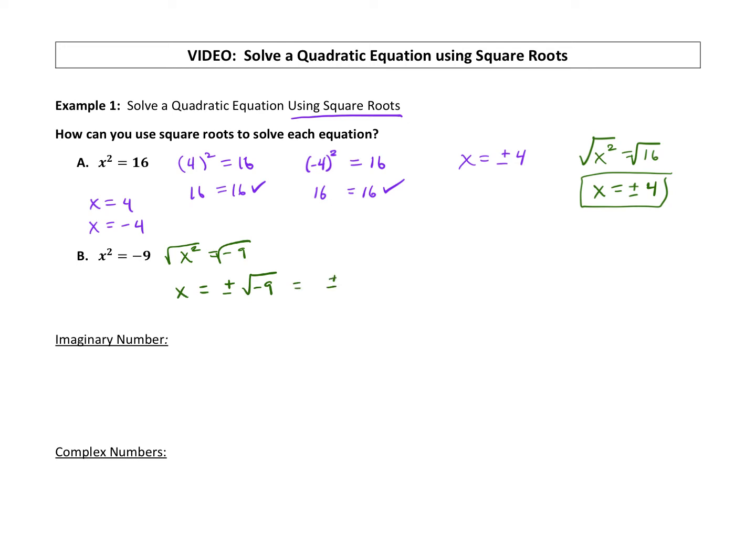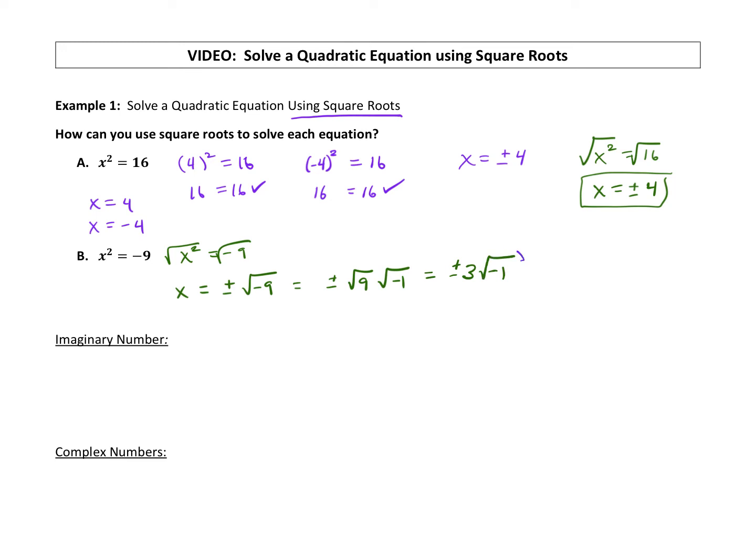So plus or minus, I'm going to break this up into the square root of 9 times the square root of negative 1. Using properties of radicals, we can find factors of negative 9 and separate it into two separate square roots. The square root of 9 times the square root of negative 1 is the same as the square root of negative 9. And what that allows us to do is take the square root of 9, which is 3, times the square root of negative 1.